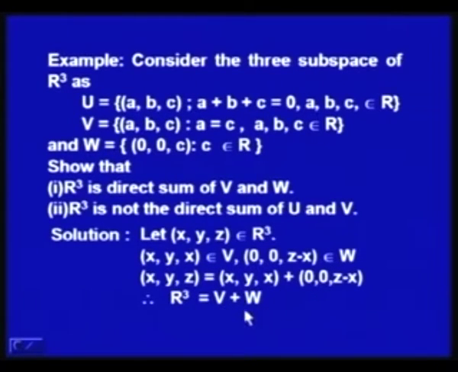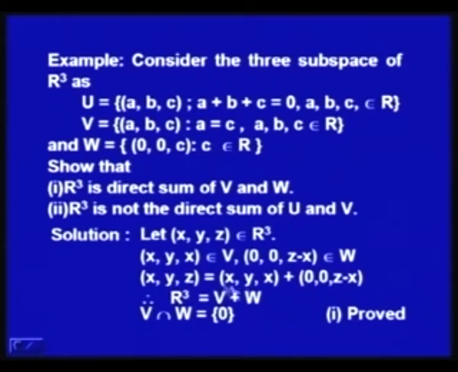and that means R cube is equal to V plus W. But this does not mean that it is a direct sum. To prove that it is a direct sum, we have to prove that V intersection W is equal to 0. So, one can notice that this is 0 only when the intersection of the two is equal to 0.